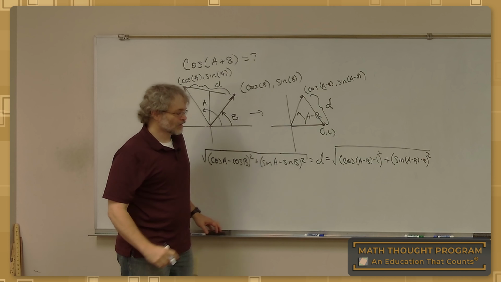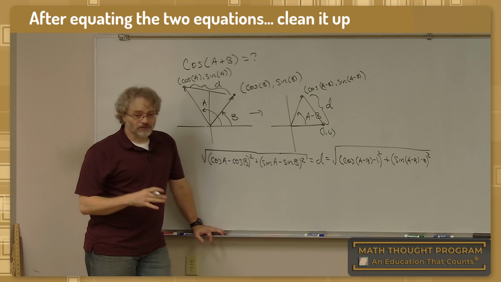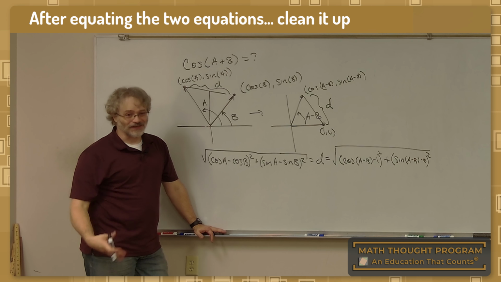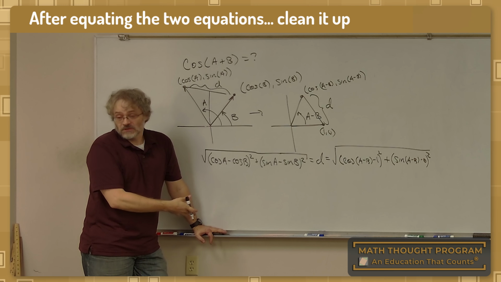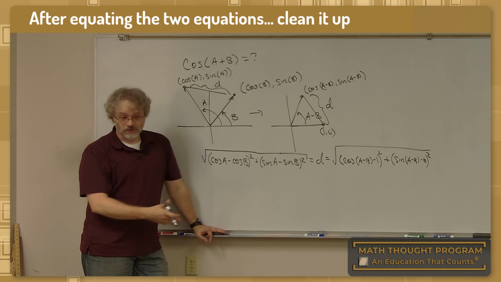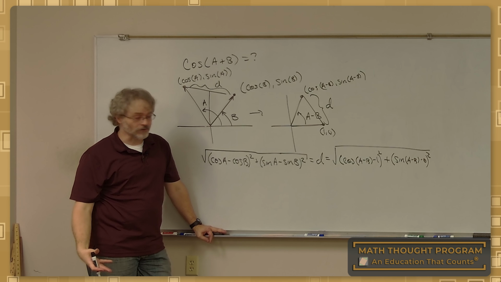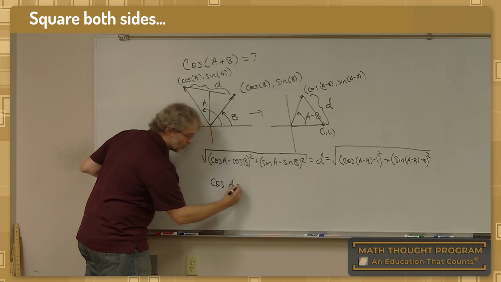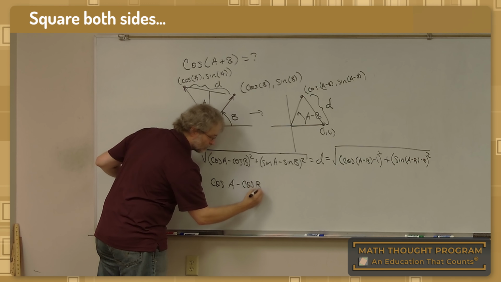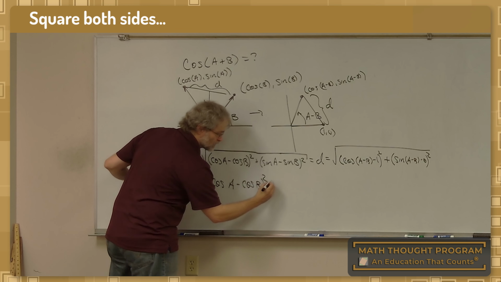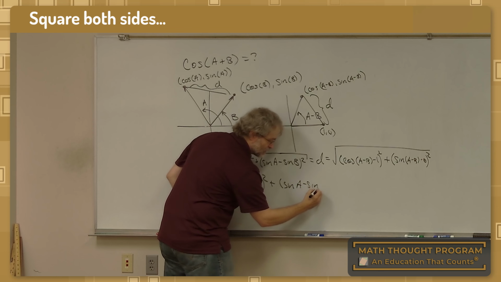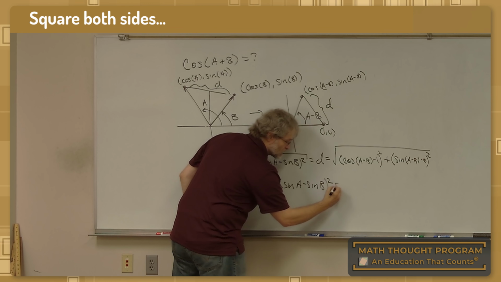And there it is. Okay, so the next thing is, I just want to clean this up. This is looking pretty nasty. Square both sides. By squaring both sides, we're going to get rid of the radical. And so we'll have cosine of A minus cosine of B, all squared, plus sine of A minus sine of B, all squared.